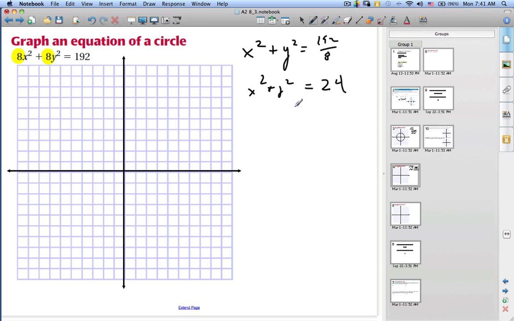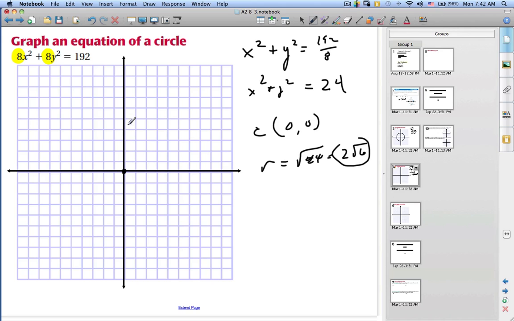So I know that my center is at 0, 0. I know that my radius is equal to the square root of 24, which would be 2 radical 6. Factoring out of 24 gives 4 times 6. The square root of 4 is 2. The square root of 6, I don't really know. So it's going to be a little less than 5, right? We know that the square root of 25 is 5. The square root of 24 would be just slightly less than that. So here's my center.